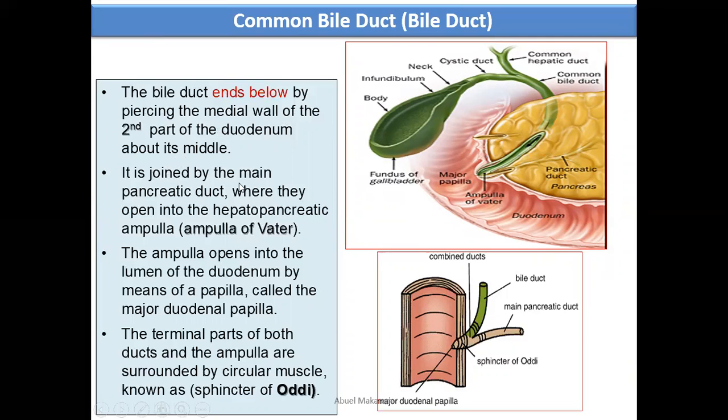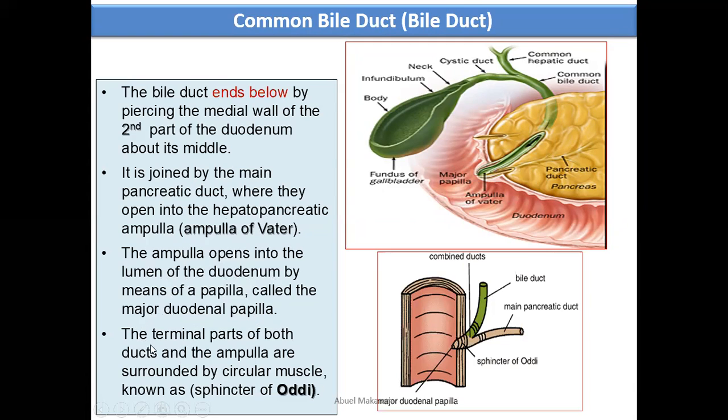It is joined by the main pancreatic duct, where they open into the hepatopancreatic ampulla, which is also called the ampulla of Vater. So the pancreatic duct and bile duct join together to form the ampulla of Vater, or hepatopancreatic ampulla. The ampulla opens into the lumen of the duodenum by means of a papilla, called the major duodenal papilla.